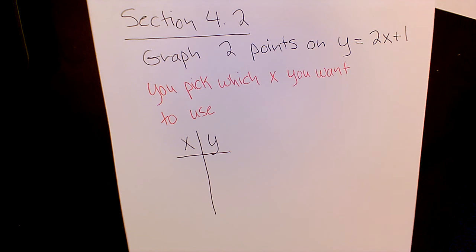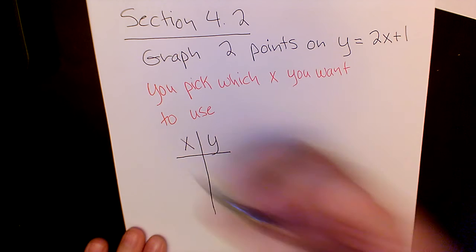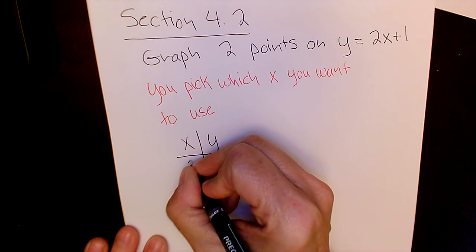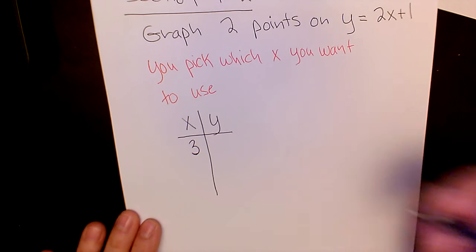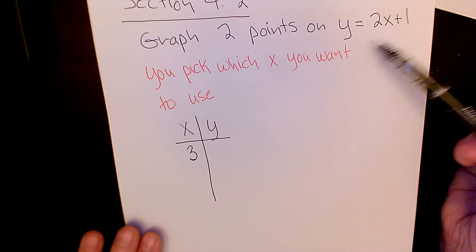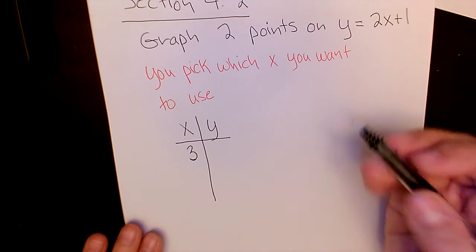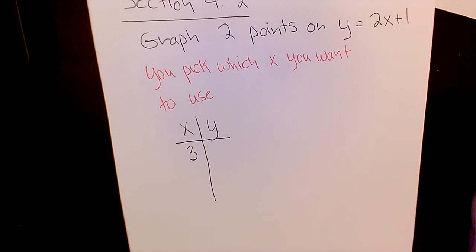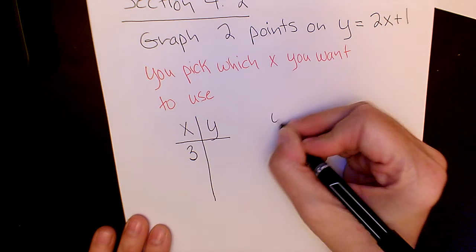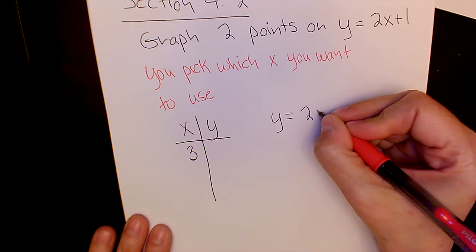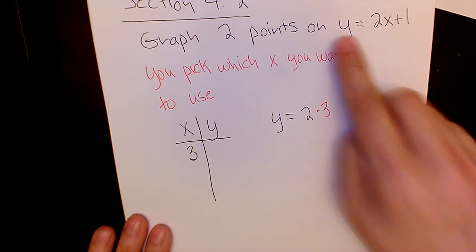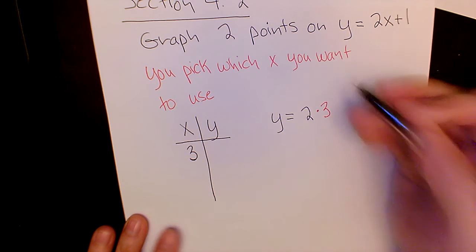And let's see. I can pick any x in the world, so I'm going to pick 3. So if x is 3, I need to find y. So we'll do what we did in the last section. We'll take y equals 2 times 3. I'm just following my equation.